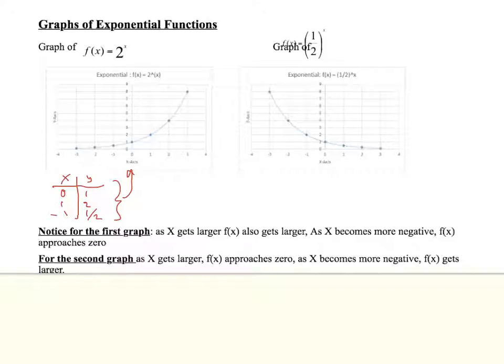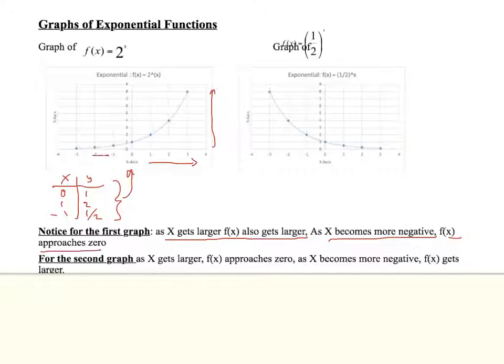going on. So for the first graph, we notice that as x gets larger, f of x gets larger, right? As x becomes more negative, f of x approaches 0.